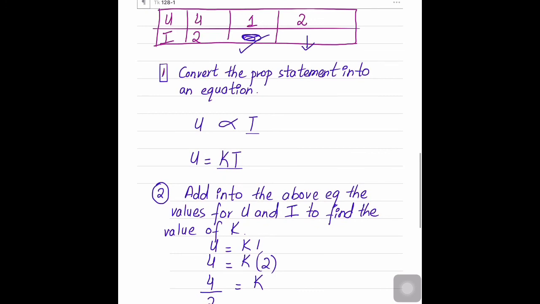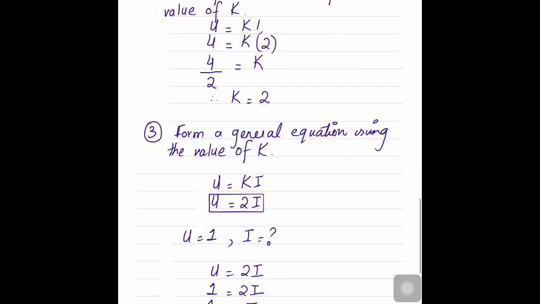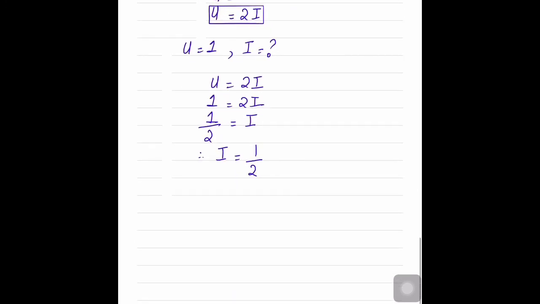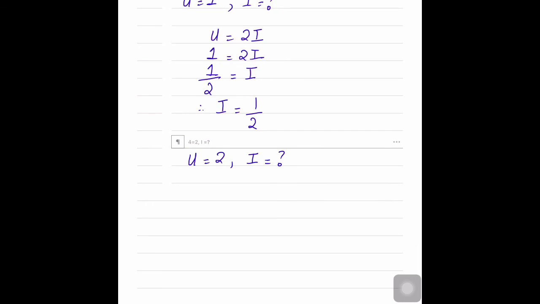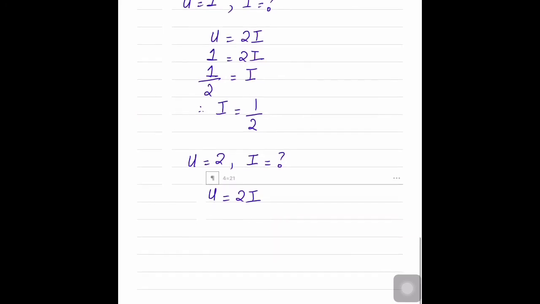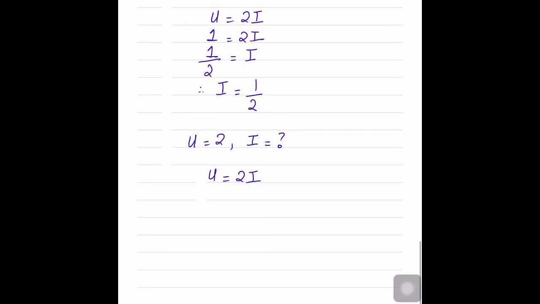Okay, so what is I when u is 2? u is 2, find the value of I. Writing the equation over again so that we don't get it wrong. It's very important to write the equation again so that essentially reduces the chances of error.